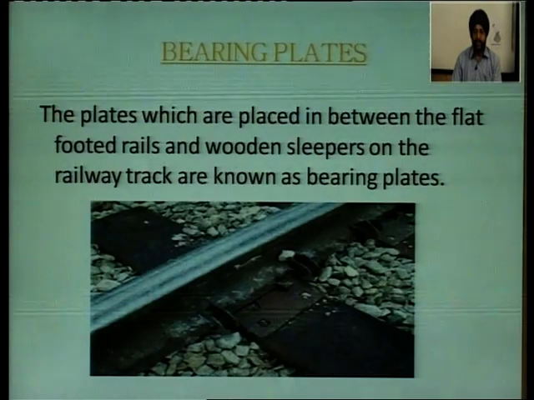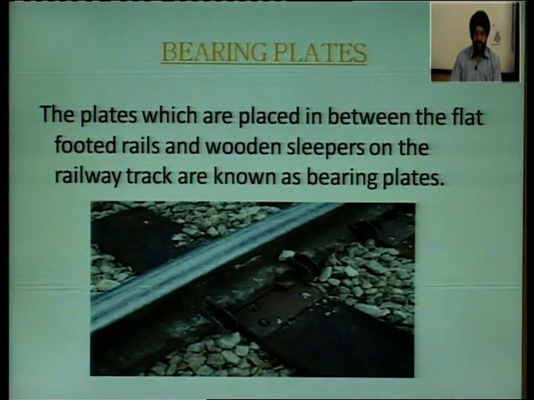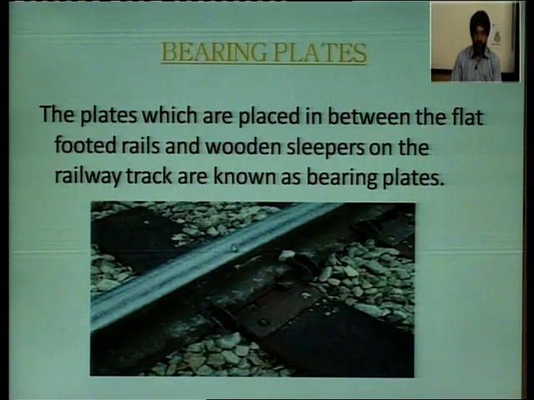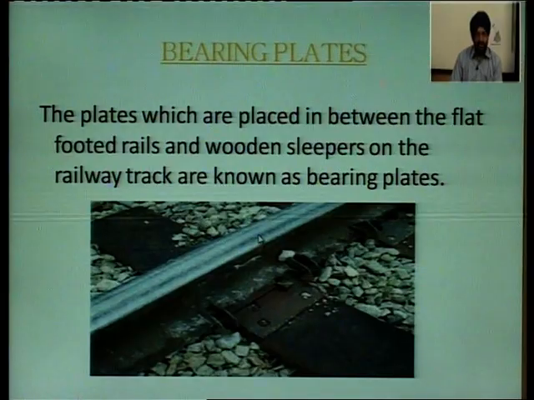Once again, look at this diagram. The load of the wagons is coming over these rails. If this bearing plate is not provided here, there are many chances that the foot of the rail may sink into this wooden slipper.